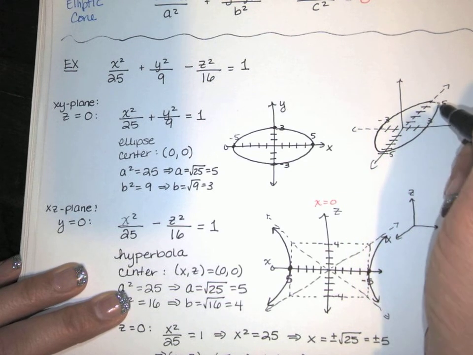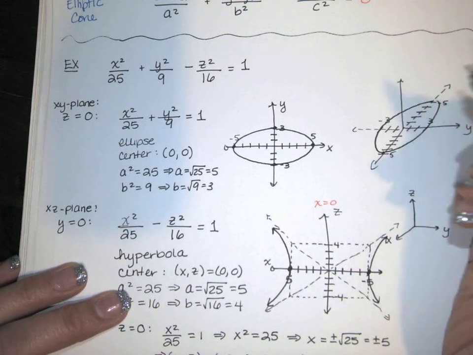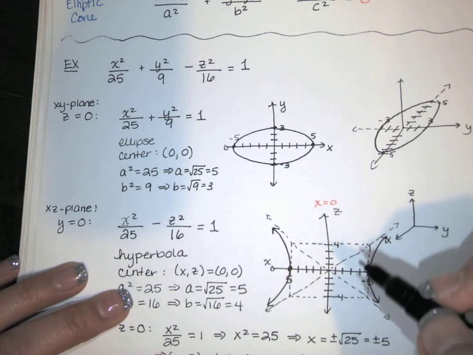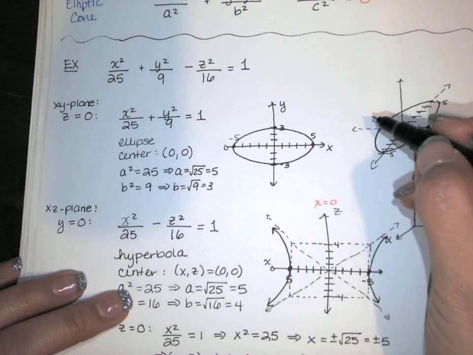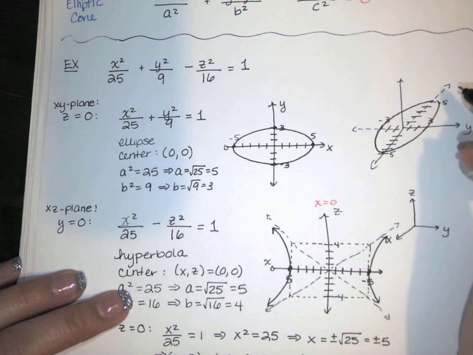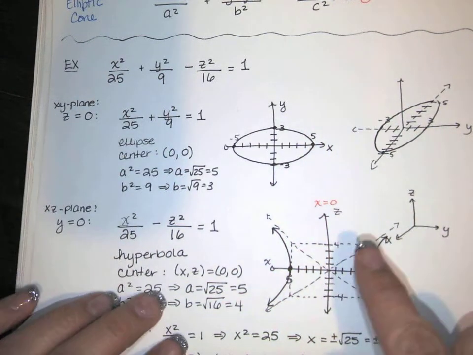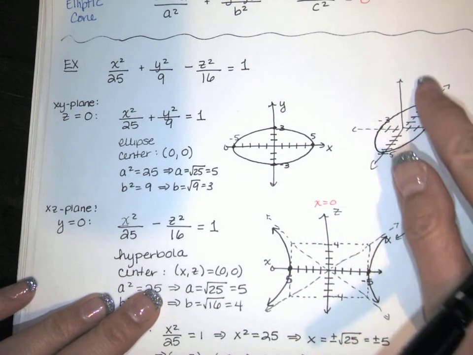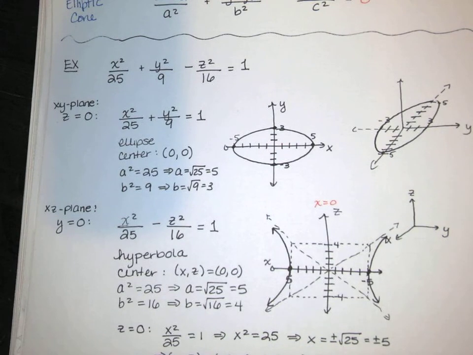And so in the xy plane, we see something like this. We see that ellipse. And then in the xz plane, what you're going to see is a hyperbola that looks like this. I'm going to wait a little bit to draw it, but it's just going to come out like this and like this. So imagine it looks like this, but only in that plane. It looks like this picture, but in the xz plane. So it's going to be like that and like that on the side. And we'll get back to that when we see the other piece.